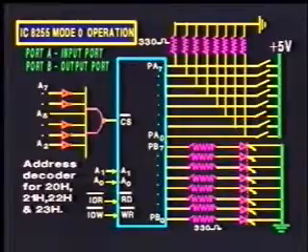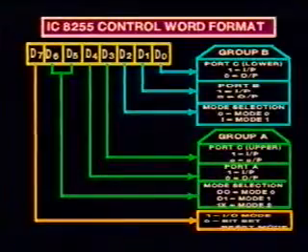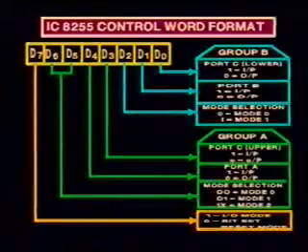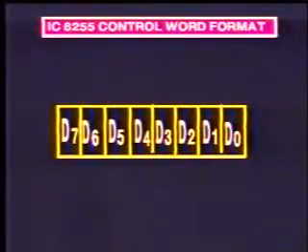Let us study how to frame the control word for this configuration. The 8 bits of the control word completely configure the device. Each bit encodes certain detail about the operational mode.